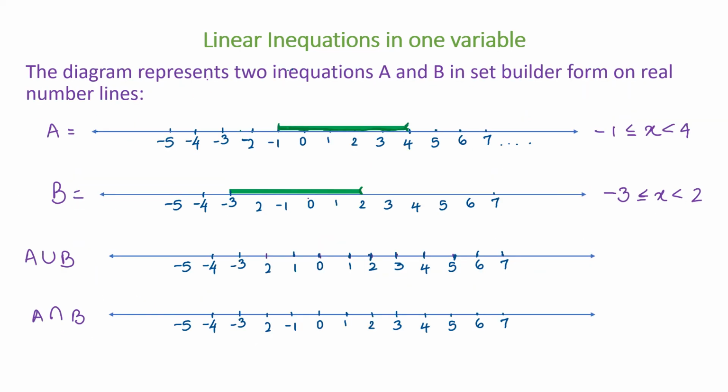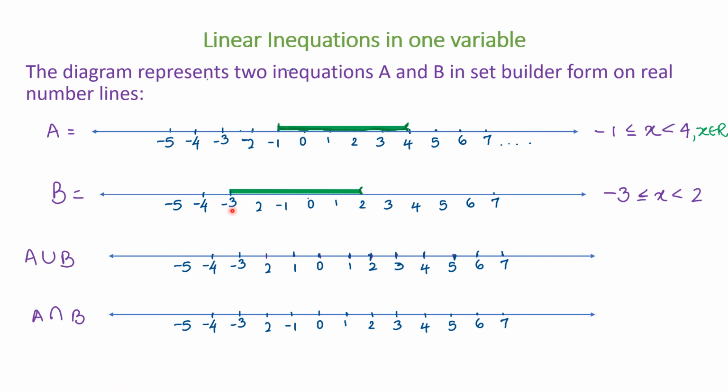The next question: the diagram represents two inequations A and B in the set builder form on real number lines. Here A is represented from -1 to 4. Observe over here that -1 is included in the set A, but 4 is not included in the set A, and therefore you are going to write it as -1 is less than or equal to x is less than 4, and very important here is that x belongs to R. In the same way, next number line B is from -3 to 2.